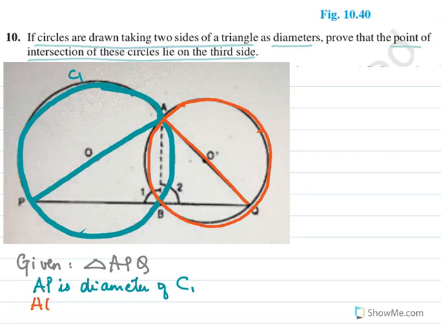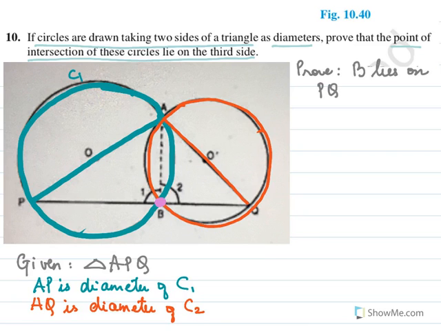What we need to prove is the point of intersection, B. We need to prove B lies on the third side. The third side is PQ.